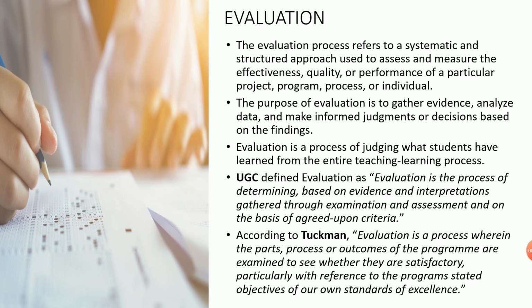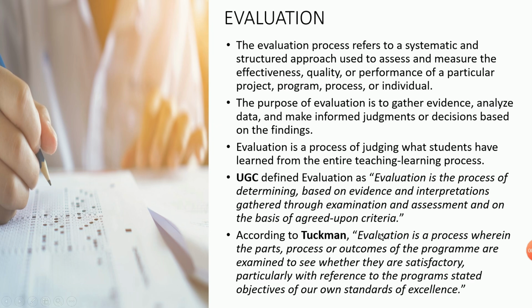we noted the program outcomes, program specific outcomes, program objectives, program specific objectives, as well as course objectives. So those objectives have already been set while starting the class itself.